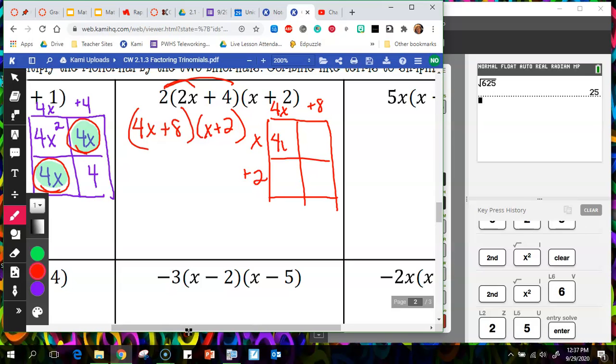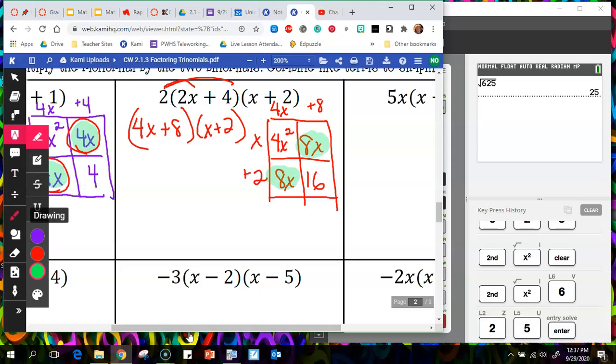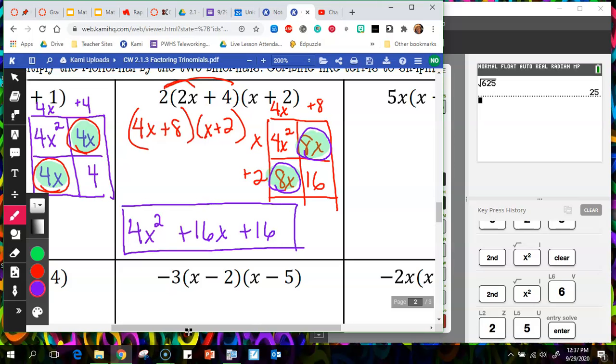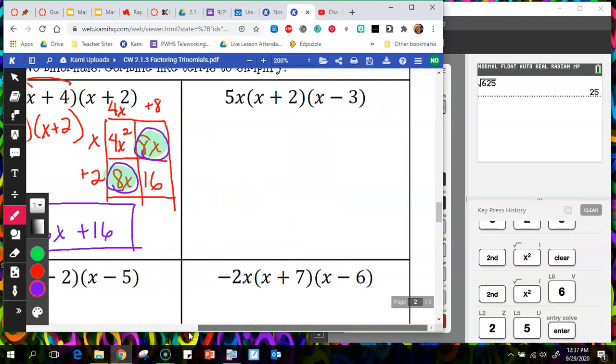That's going to be 4x squared, 8x, 8x again, and 16. Like terms. This one and this one, I'm going to add those together when I put the answer down here. 4x squared. Add this one and this one, that's plus 16x, and then plus 16. So this is just multiplication. That's all we're doing, we're multiplying.